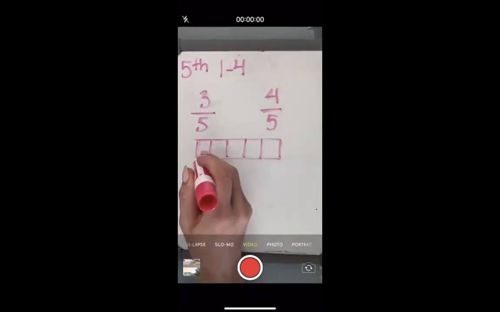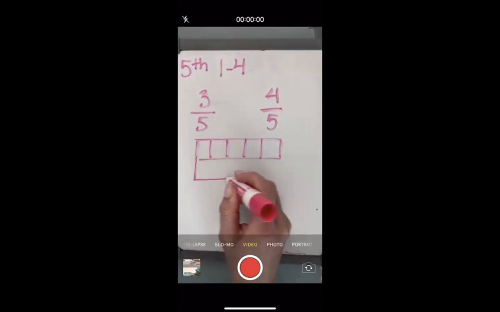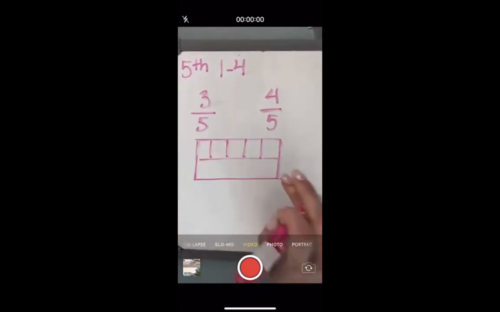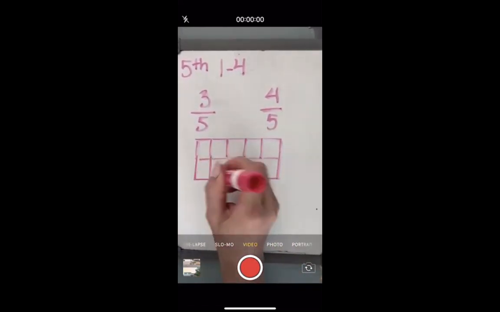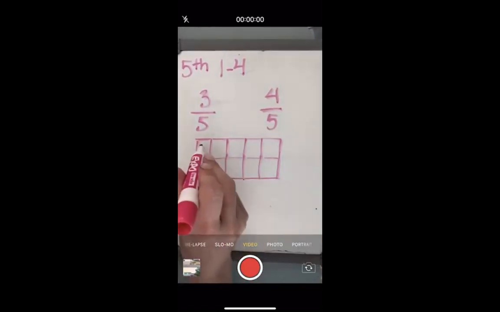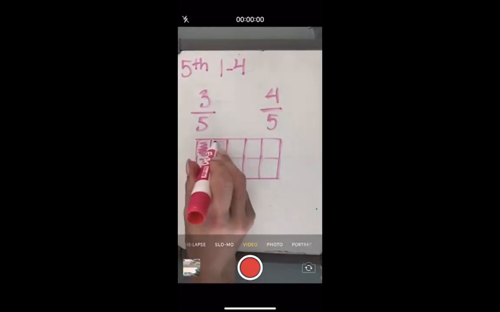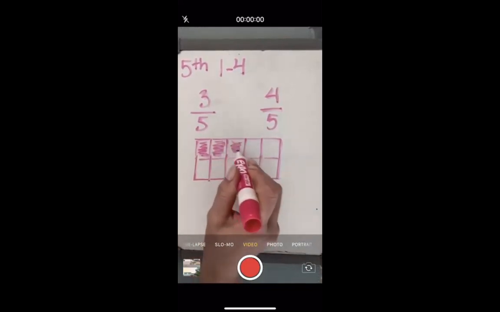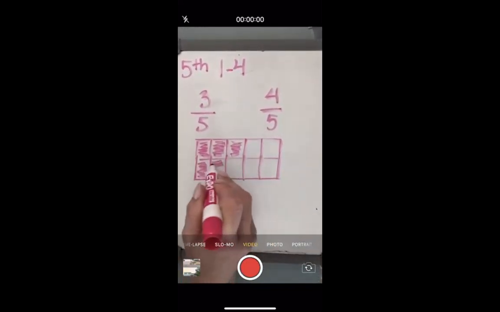And then I'm actually going to draw 2 of them on top of each other to compare. And I can just bring my line straight down here because we're both working in fifths. Common denominator, pretty straightforward. 3/5 is going to be less than 4/5.